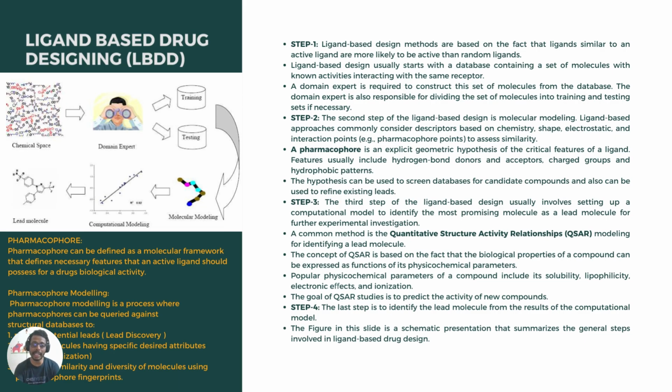For this purpose, quantitative structure activity relationships are generally used in the third step. Based on these relationships, the modeling is done, and from these QSAR studies we identify one or two lead molecules.